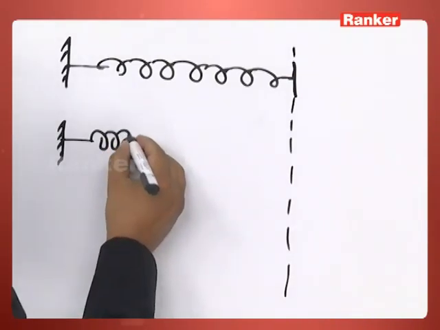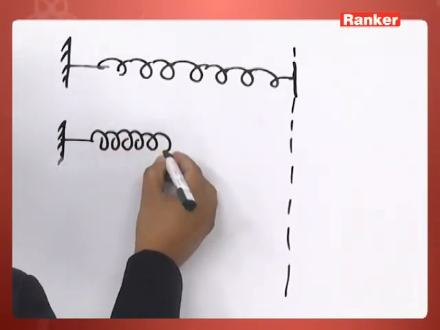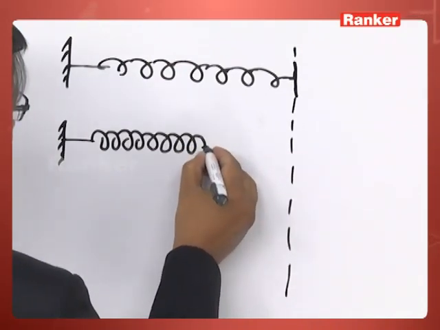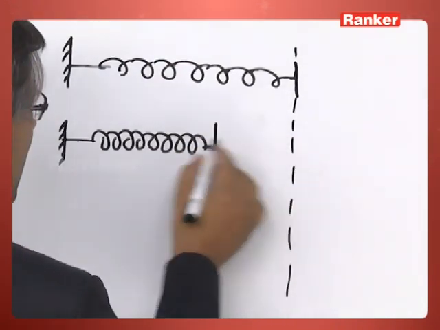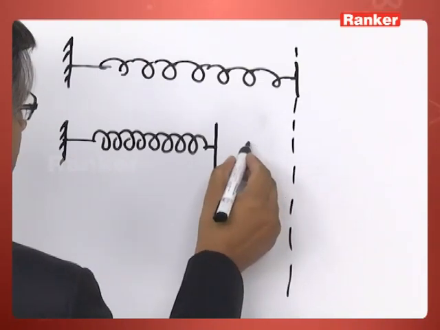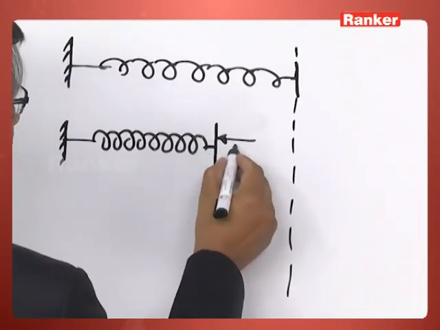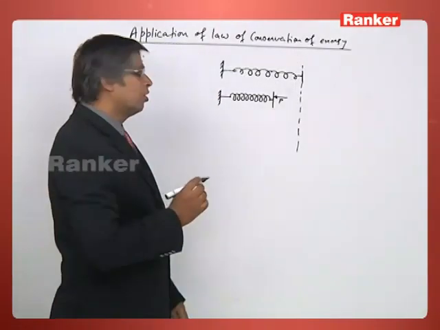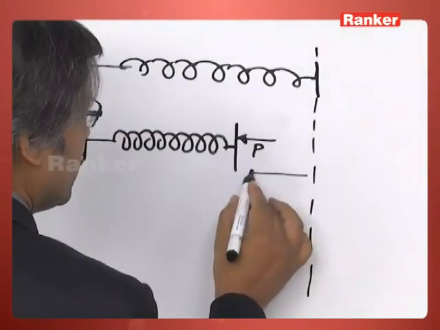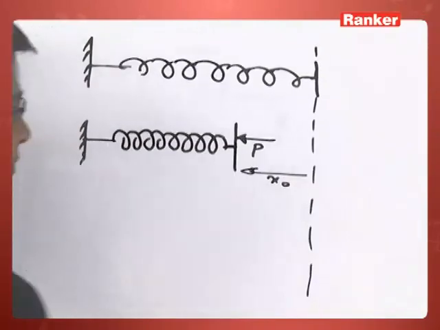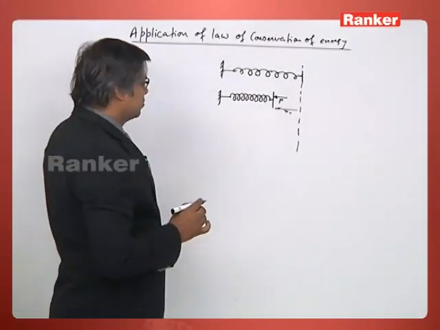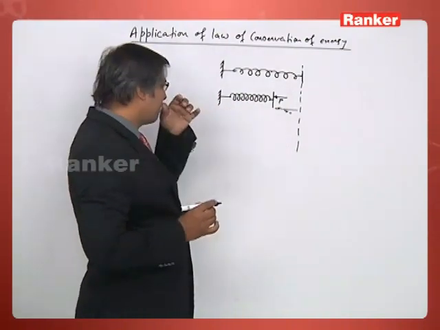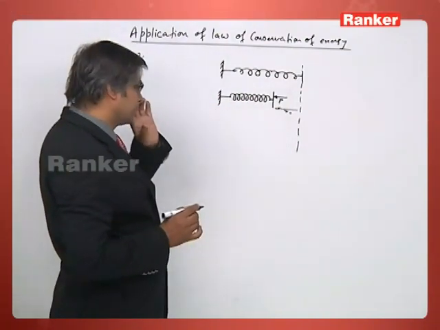By slowly applying an external force P, I have compressed it to a position x naught. So the spring is compressed by x naught by applying a constant force P.